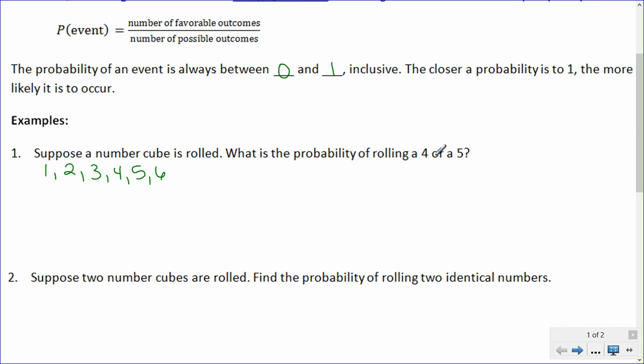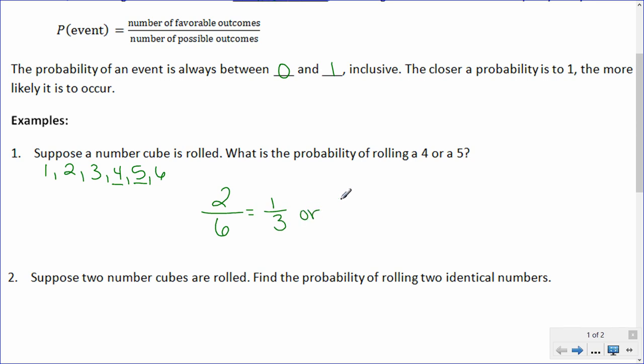So we want to know the probability of rolling a 4 or a 5. Well, the number of favorable outcomes here are the 4 and the 5. So that's one outcome, two outcomes. So two favorable outcomes. Out of how many total? Well, 1 through 6 is 6 total outcomes. So the probability is 2 over 6, or if we reduce that, that's 1/3.